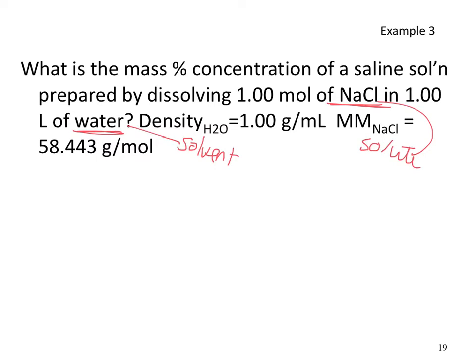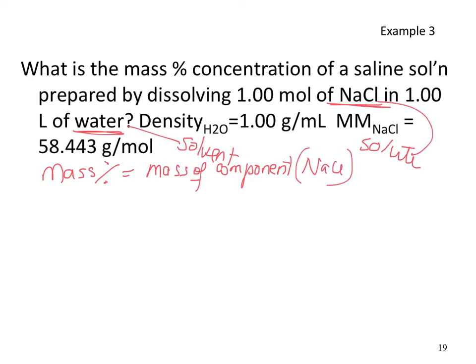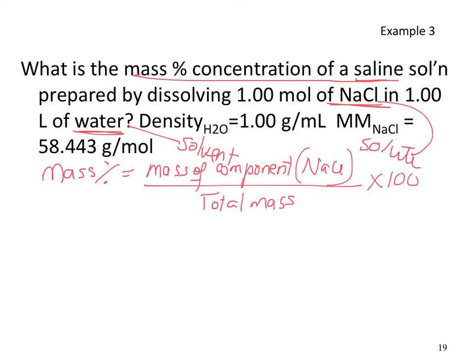So now if you go back to the definition of mass percent, that's nothing but mass of the component, the component being the solute here, NaCl, because that's what we are trying to figure out, the mass percent concentration of a saline solution, divided by total mass times 100, since it's a mass percent.